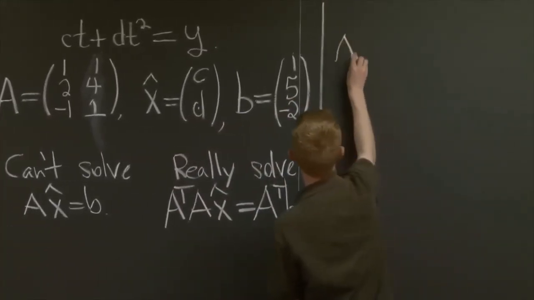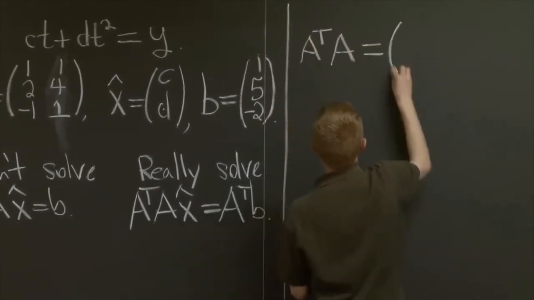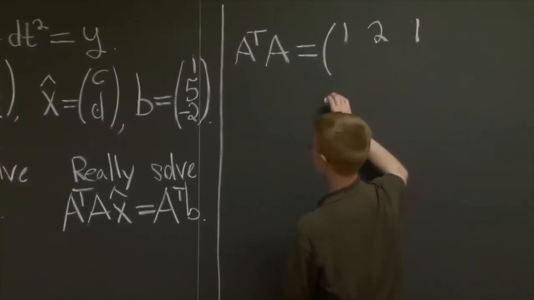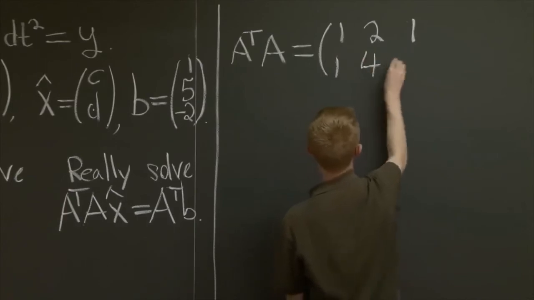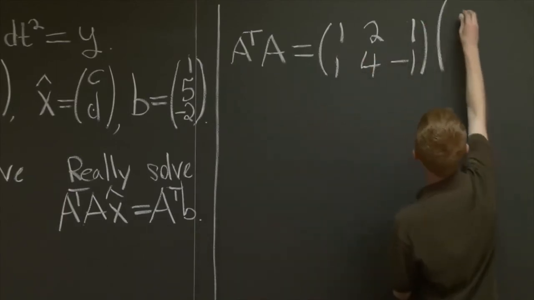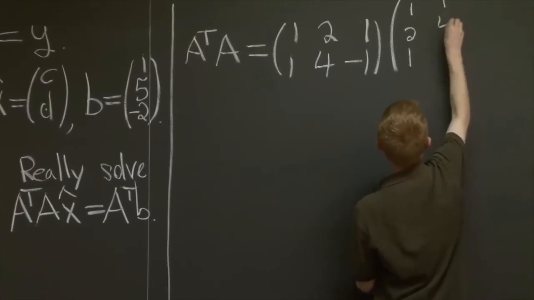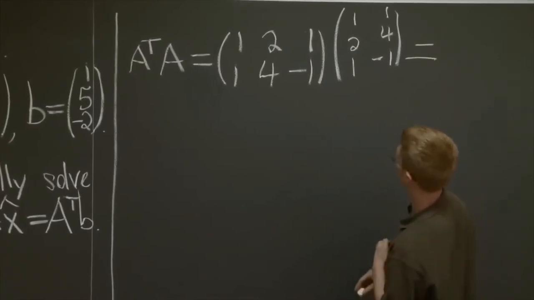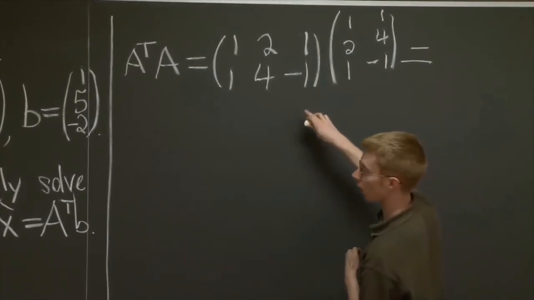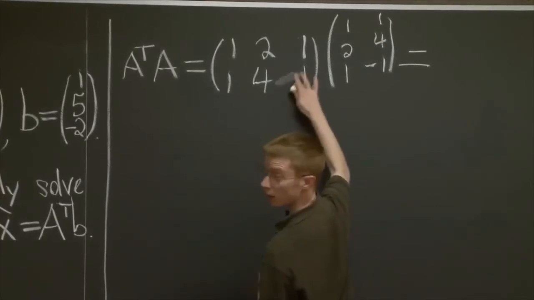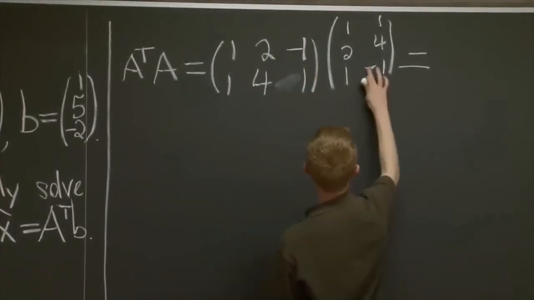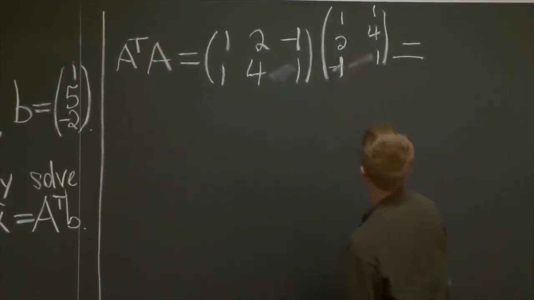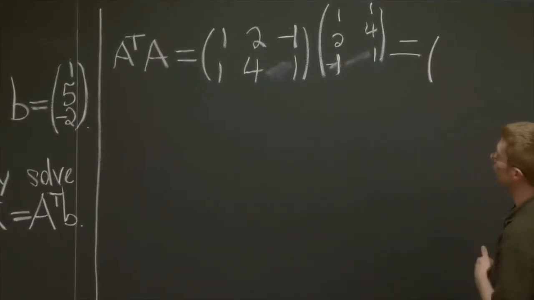So what is A transpose A? I'm going to do this kind of quickly because you should be good at multiplying matrices by now. Yeah, sorry. I have the negative in the wrong place. Thanks for that correction. I had the negative backwards there. Good. Okay, and what do I get when I multiply these?